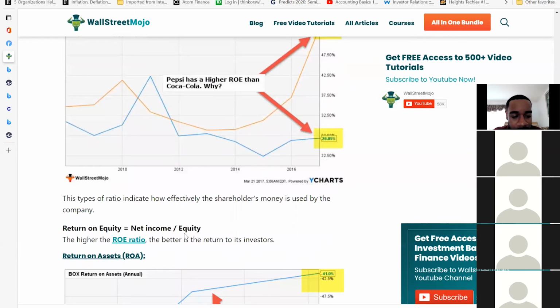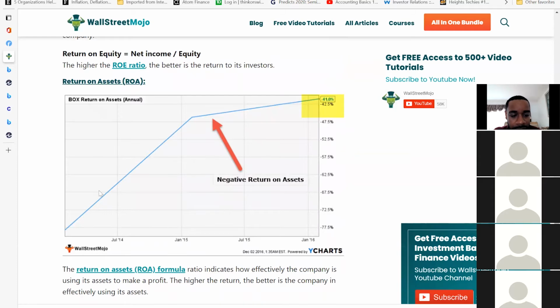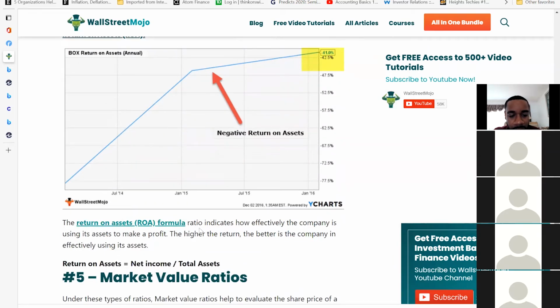Return on equity is net income divided by equity, and the higher the ROE, the better the return to its investors. Then you have return on assets. The return on assets ratio indicates how effectively the company is using its assets to make a profit. The higher the return, the better the company is at effectively using its assets.